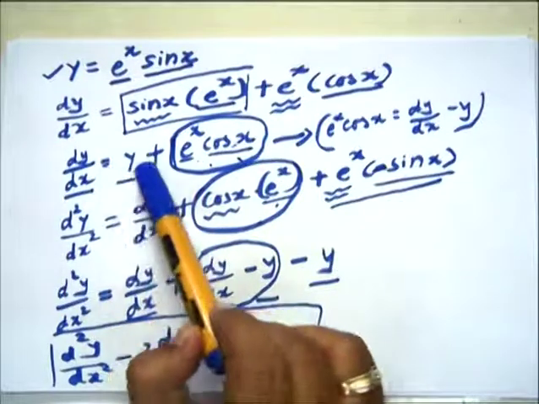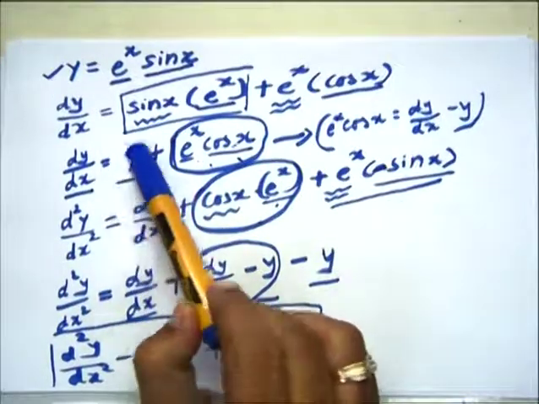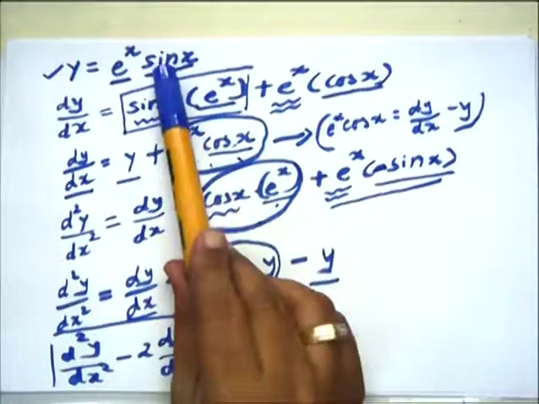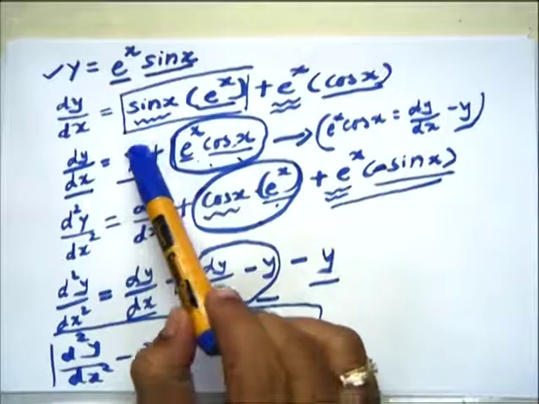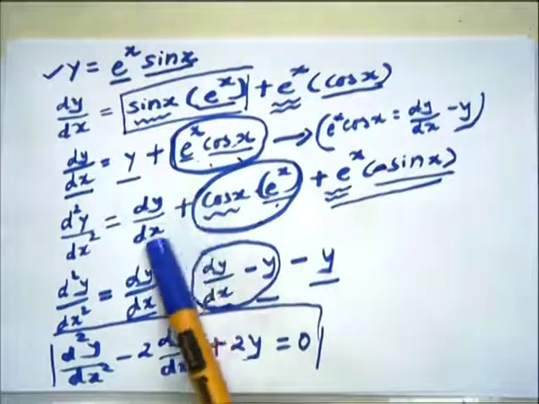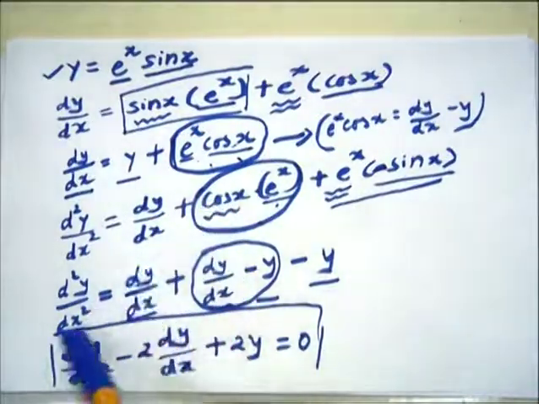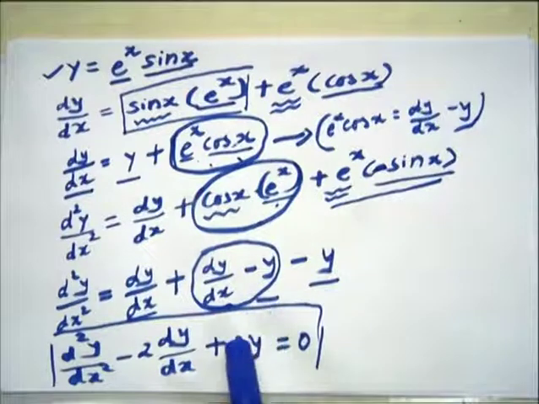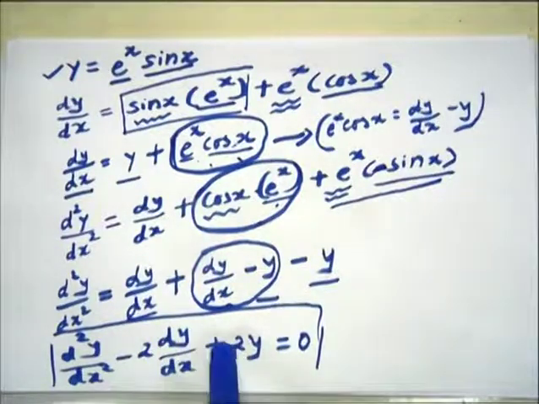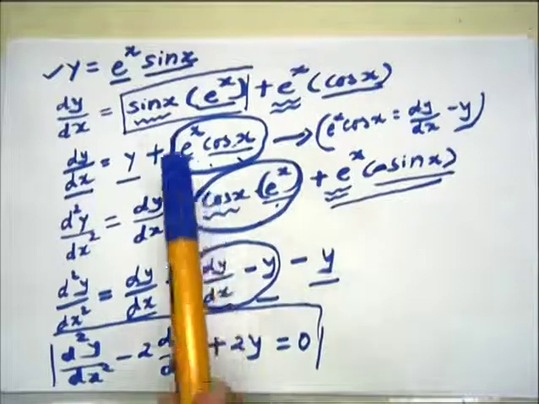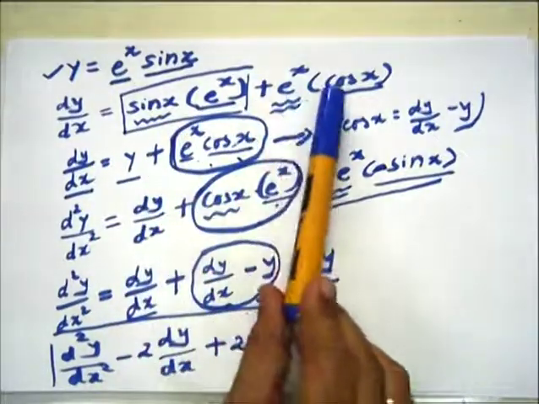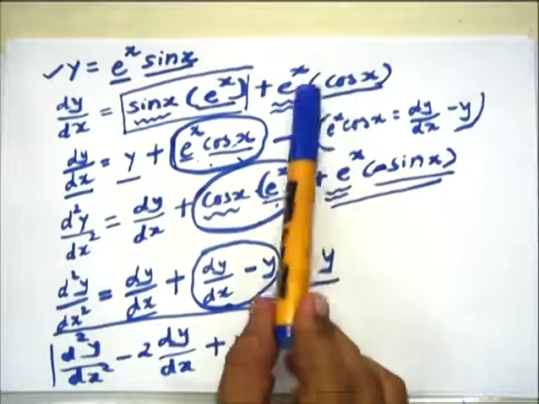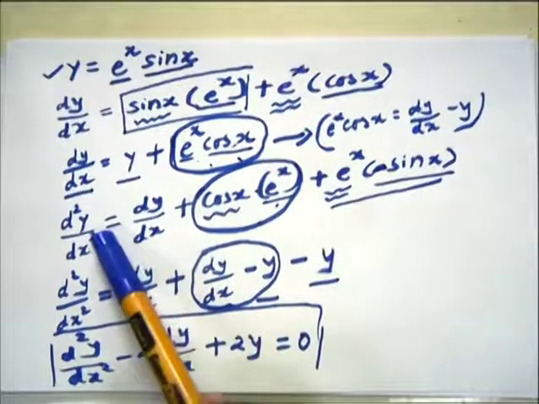Whenever you can replace any value by y or dy by dx, you can use that, so that can help you to get the direct equation which we want to prove. Now these we have replaced by y, and again we have differentiated with respect to x.